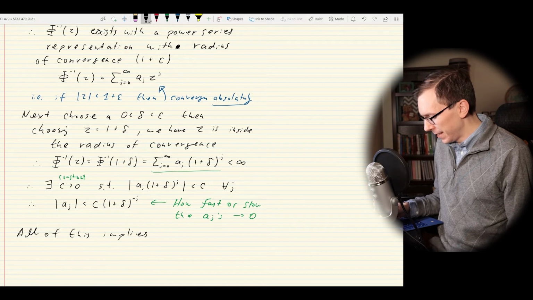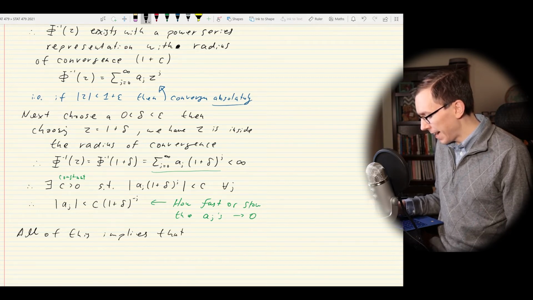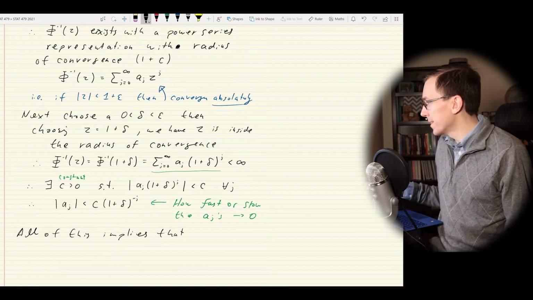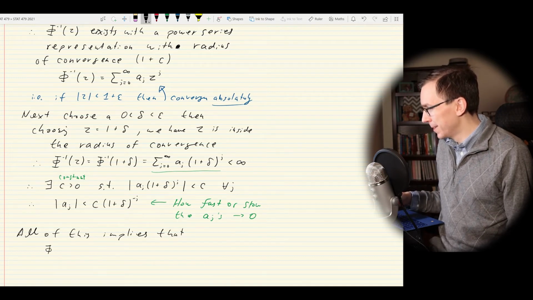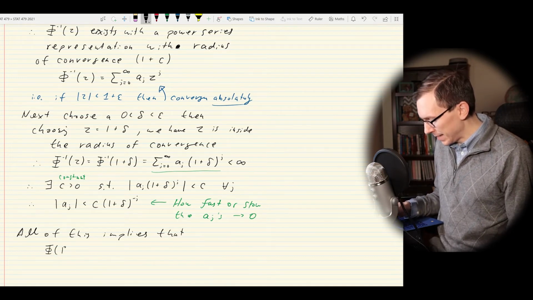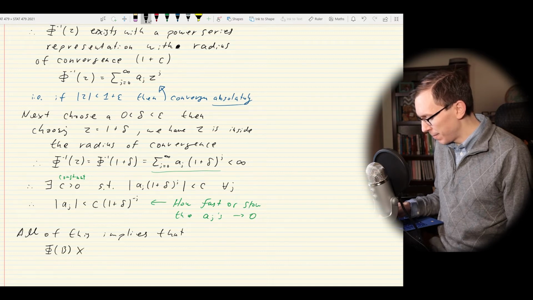So all of this implies that we can take our ARMA model, which is going to look like this.